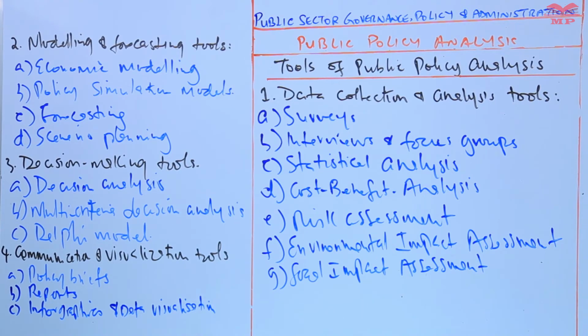This means using visual representations to communicate complex information in an accessible and engaging way. You may use computer software or any other software to help in communicating and using visuals. You understand? Infographics and data visualization.